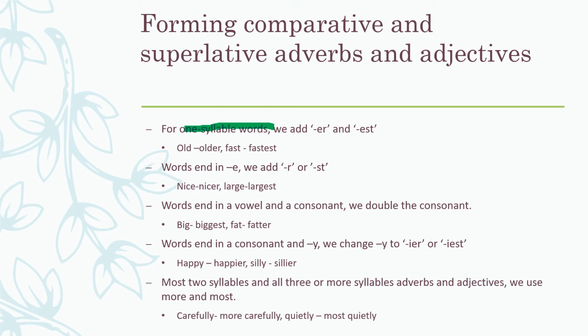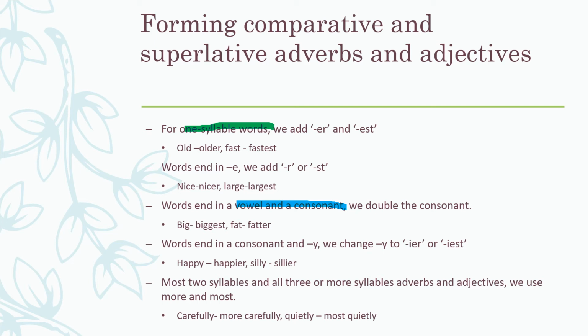Next, words that end in e. The last letter of the word is e. We add -r or -st. Nice becomes nicer and nicest. Large becomes larger and largest. Only for words that end with e. Now, words that end in a vowel and a consonant, where the last two letters are a vowel and a consonant.